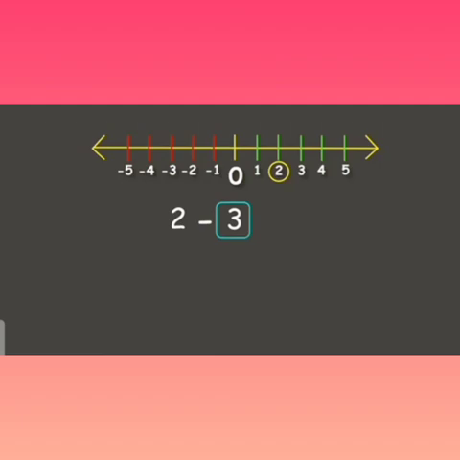Again, since this is positive and we are subtracting, we will move 3 units to the left. Therefore, our answer is negative 1. This means that 2 minus 3 equals negative 1.